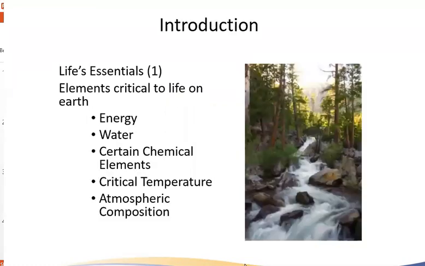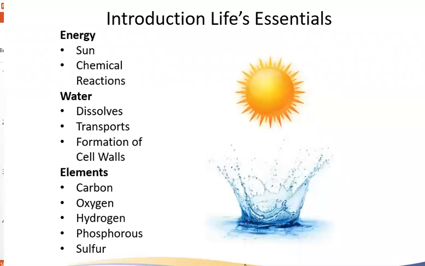So let's take a look then at the essential elements that are critical to life on Earth. The ones you see there on the screen are those elements. It's their interactions that make possible life as we know it. So let's look at their effects. The first one is energy.